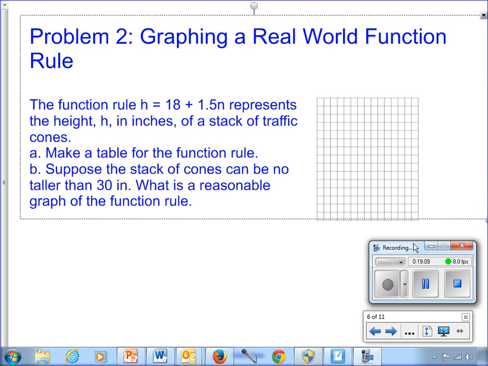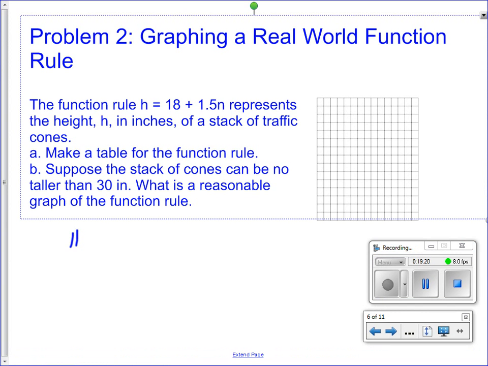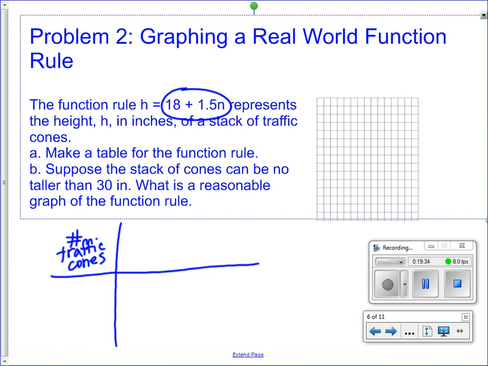All right, well, we're going to make our table. And our independent variable is the number of traffic cones. So I'm just going to call that number of traffic cones. Okay. And our function rule is 18 plus 1.5n.